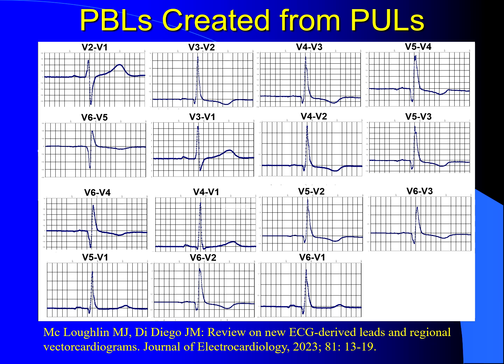Contrary to what happens in the standard electrocardiogram, the PBL B2-B1 shows that the initial vector of the QRS is directed to the left and not, as we are used to seeing in the classic electrocardiogram, to the right.